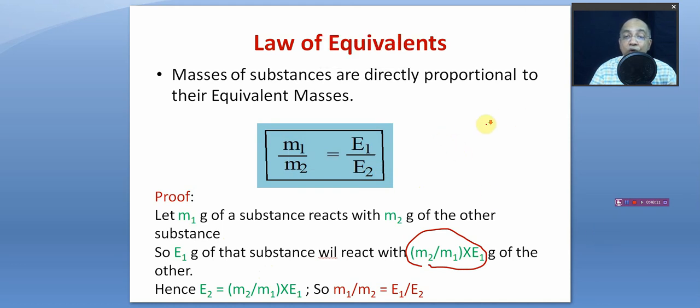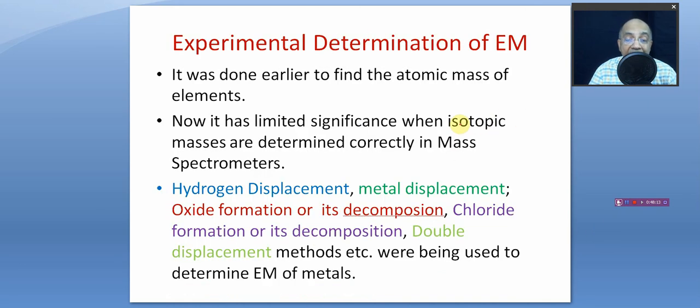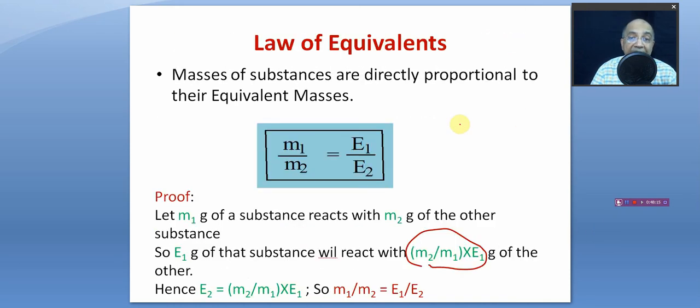In the next video, we shall be talking about how the equivalent masses could be determined experimentally. In earlier times, when there was no mass spectrometer to determine the isotopic atomic masses, scientists were first finding out the equivalent mass of elements and then the valency by using some law.